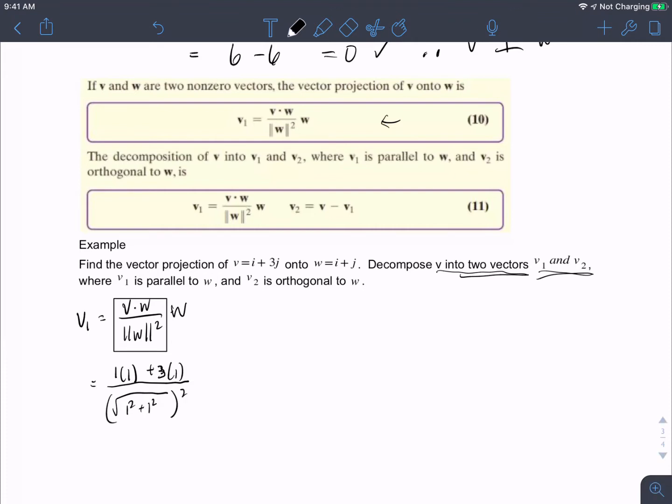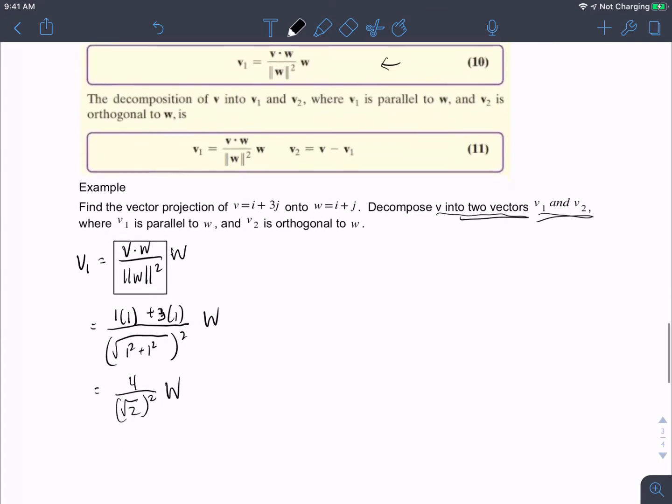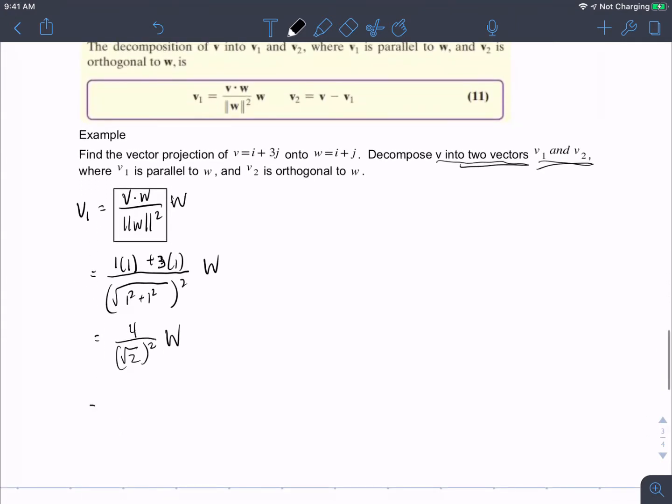Let's keep w there so we can bring it along. We get 1 plus 3, which is 4, over the root of 2 squared, times our w. That gives us 4 over 2 w, or 2w.